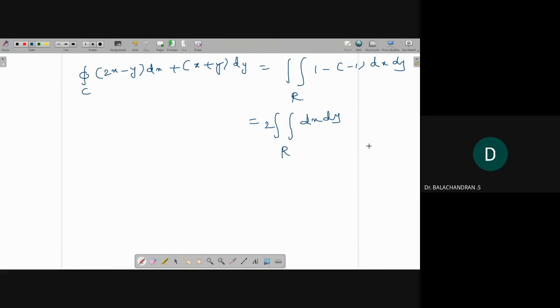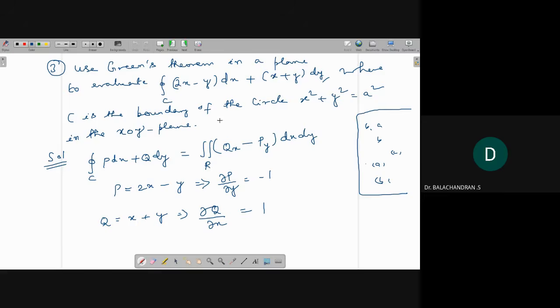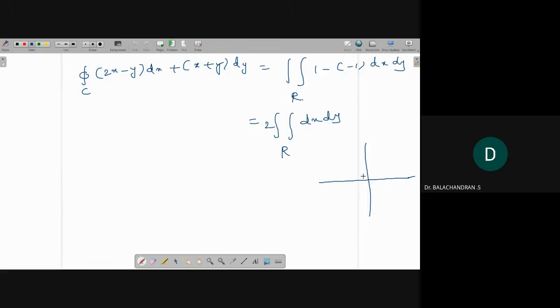So the region R. Here the region is given in the question. The region is the circle x square plus y square equal to a square in the xy plane. So imagine it is a circle, centered at origin. The radius is a.